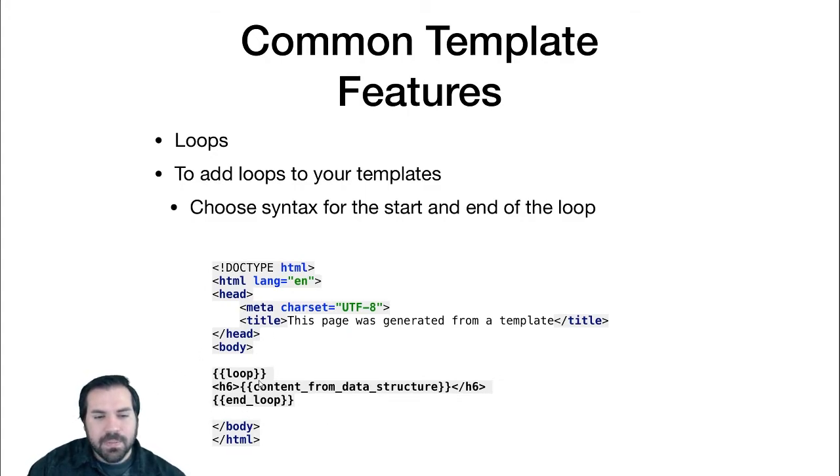The loop part? So if you're going to have a data structure of image names that you want to render on your page, you'll have to have some way, and it's up to you how you want to denote this in your template, but you have some way in your HTML template to say, here's where all the images go, and for each image, this is the HTML that should be rendered for that image.